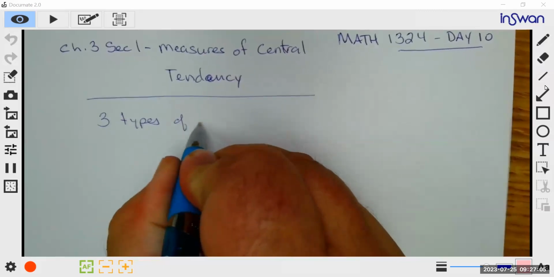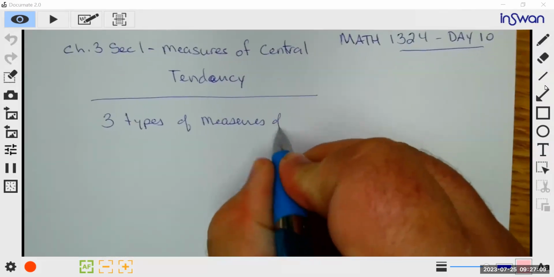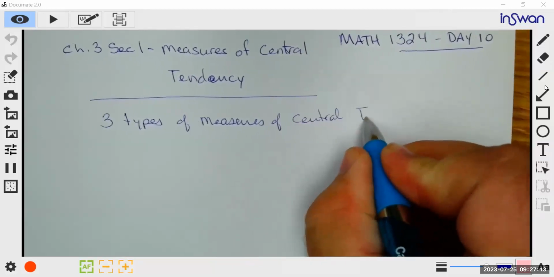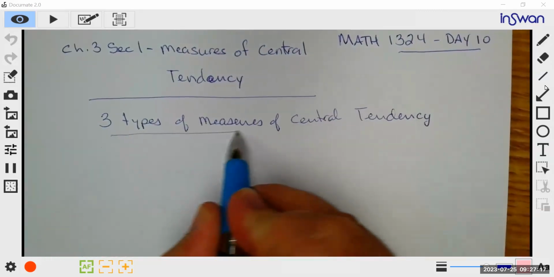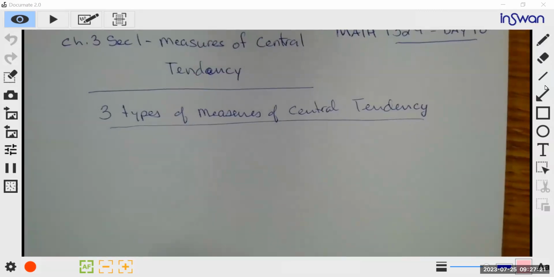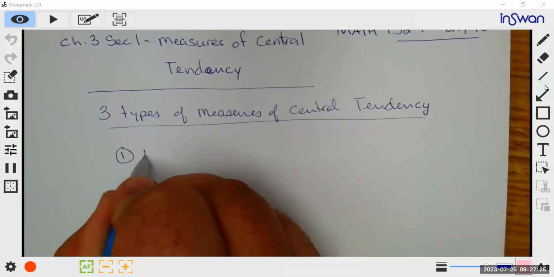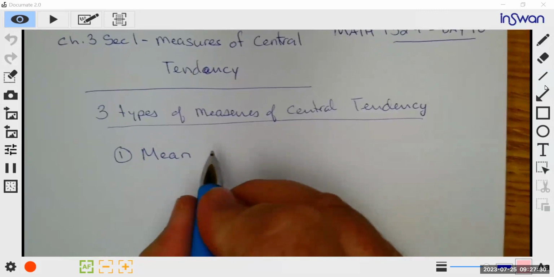The 3 types of measures of central tendency. The first one is called the mean.